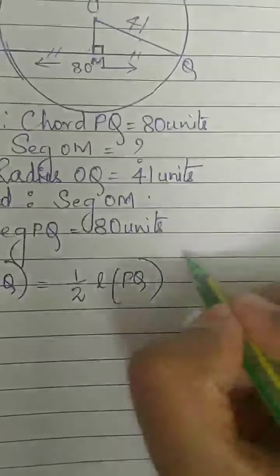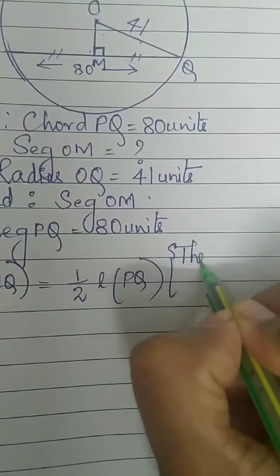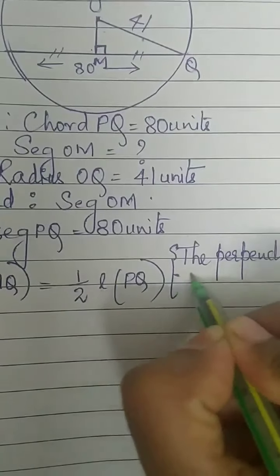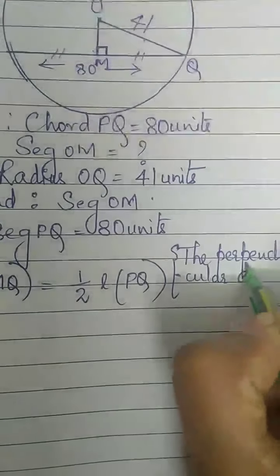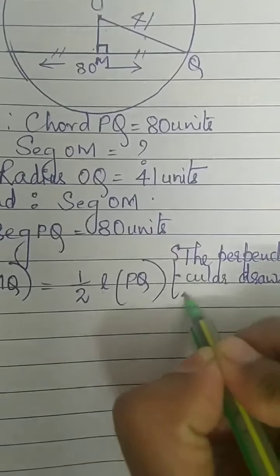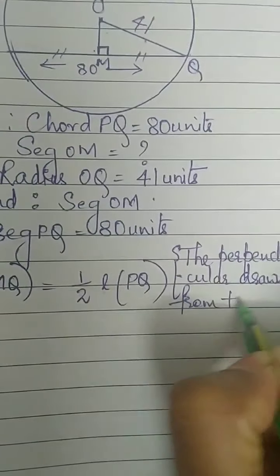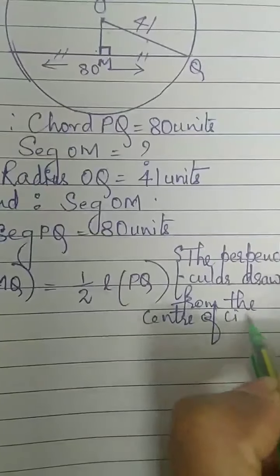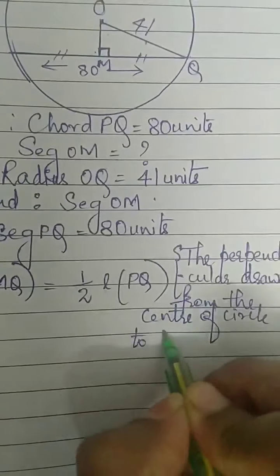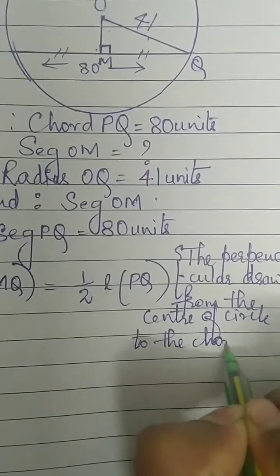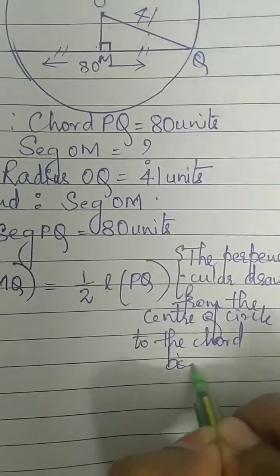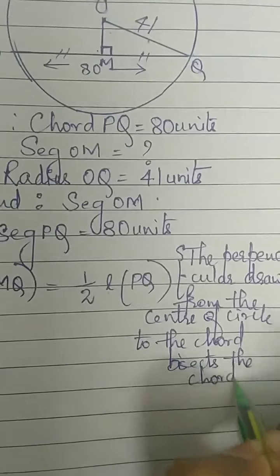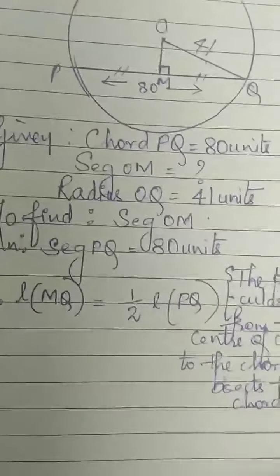Why? Write the most important reason. The perpendicular drawn from the center of the circle to the chord bisects the chord. Most important reason, 1 mark reason written.